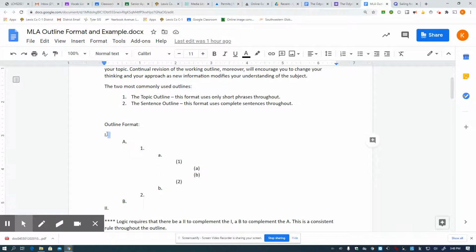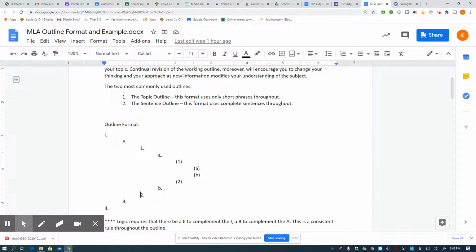So I'd first like to draw your attention to the format. You start with Roman numerals. When you want to break the Roman numerals down, you then use capital letters. If you need to break that down even further, we're using numbers.